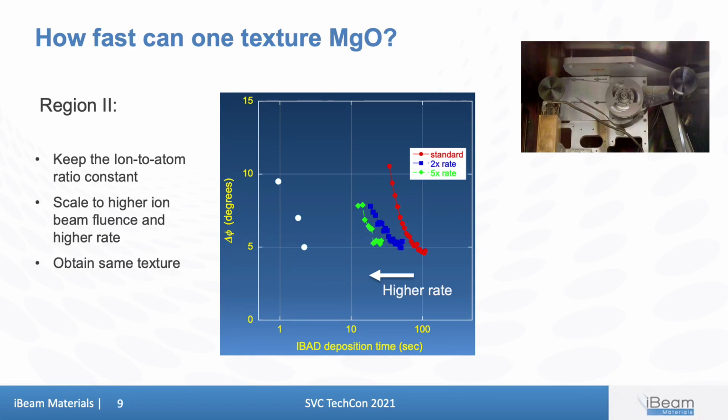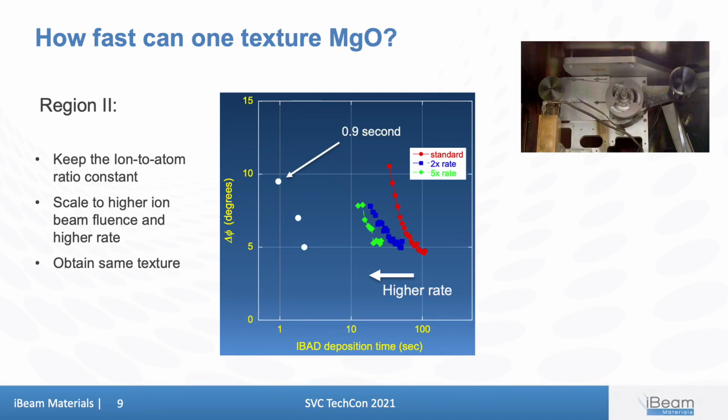The graph here shows the texture evolution for in-plane texture for a series of different deposition rates as a function of IBAD time. So what it means is that we can achieve very short deposition times by going to high deposition rates while increasing the ion beam flux at the same time. Ultimately, we're limited only by how much ion beam flux we can have from our ion source.